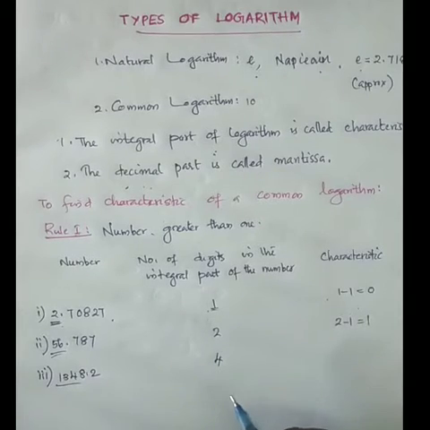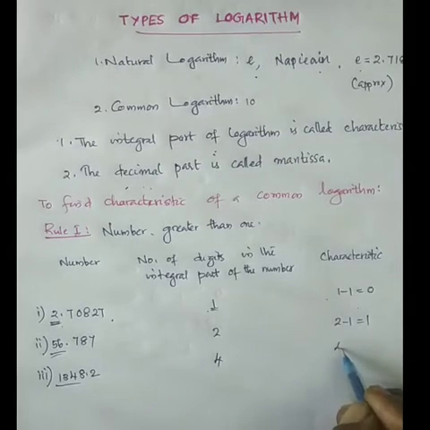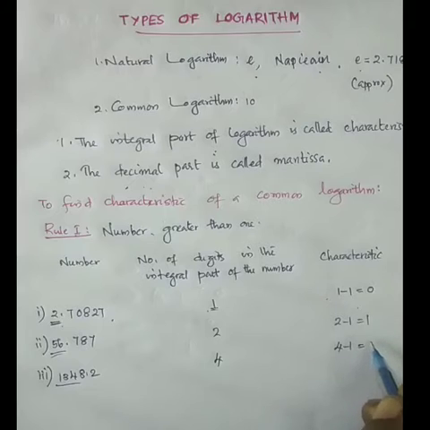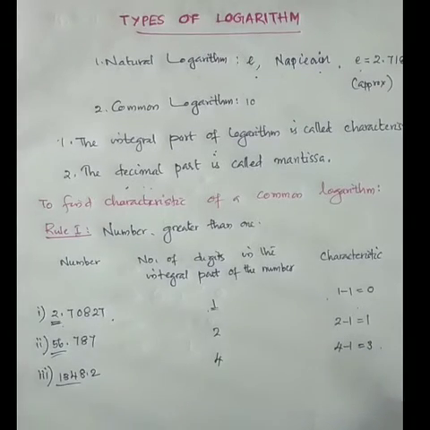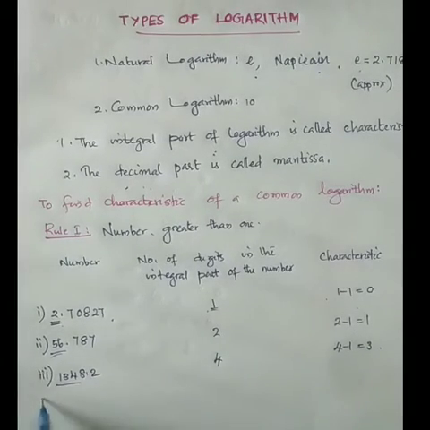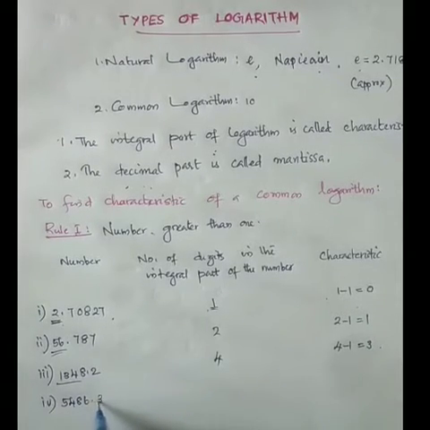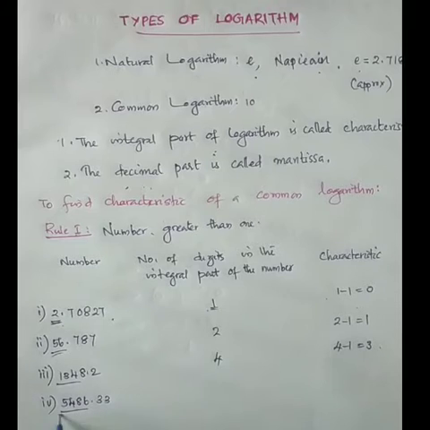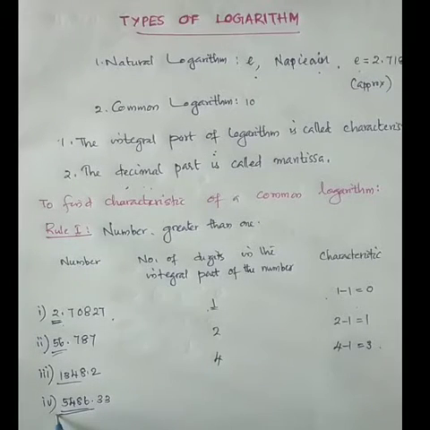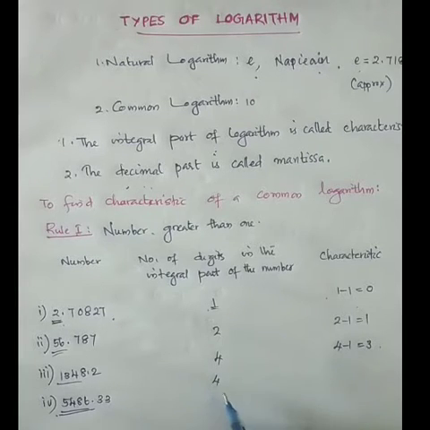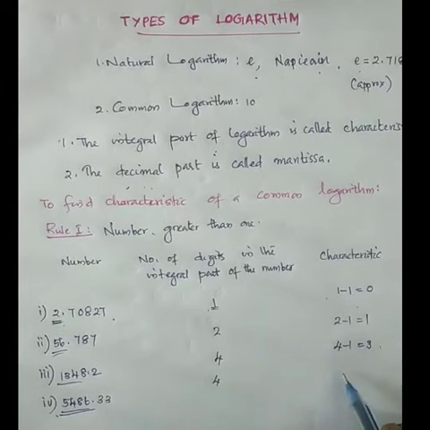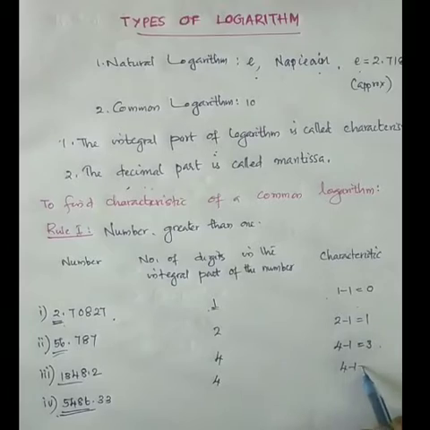It is 4, and the characteristic is 4 minus 1, it is 3. Okay. Clear. See one more, 5486.33. Here also 4 digits in the integral part, so the characteristic is 4 minus 1, it is 3.